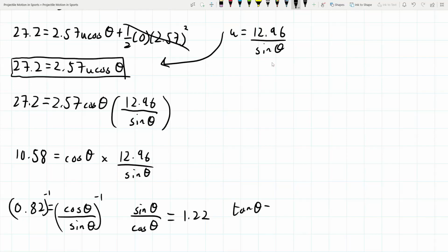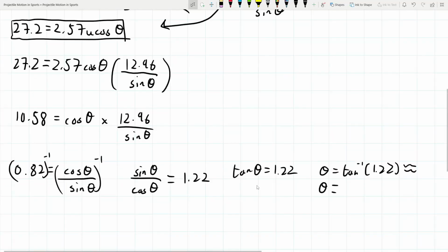So tan theta equals 1.22, which means that theta is equal to the tan inverse of 1.22, which is approximately 50.66 degrees.